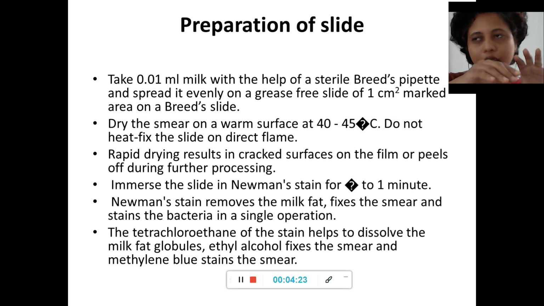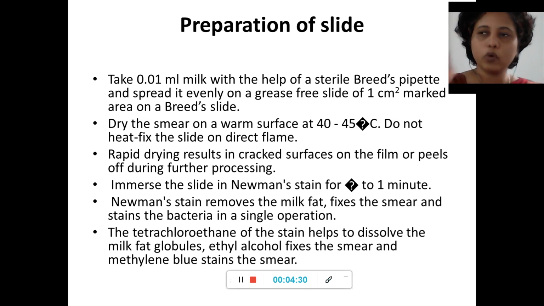But you cannot go without fixing, because when you add a stain, the microbes will also run out. So what you do here is keep it on a warm surface at 40 to 45 degrees centigrade for some time, so that it becomes dry.